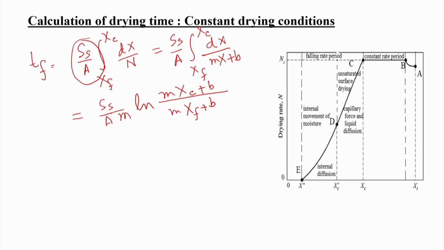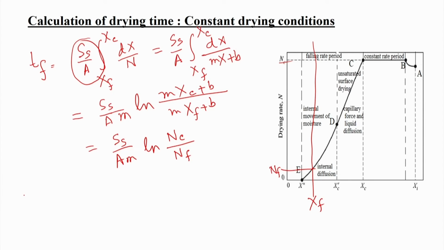Okay. Now, in place of this, we can put m, and we can say t_f = S_s/A × (1/m) × ln(N_c/N_f), whatever the N_c is, and for this X_f we have N_f. Okay.